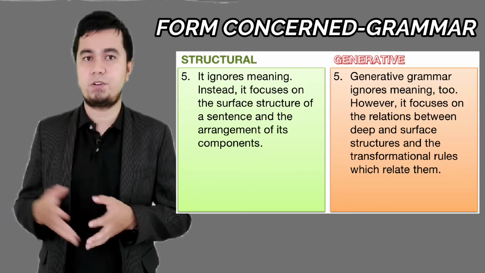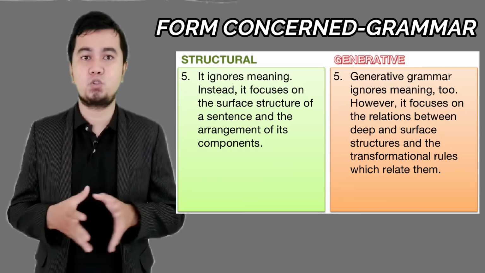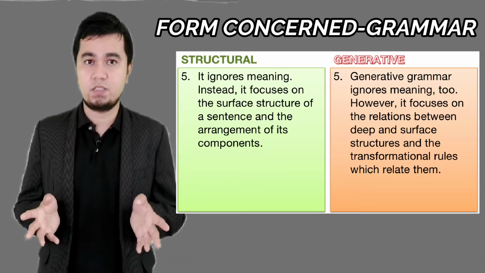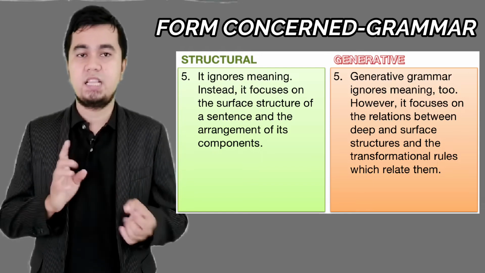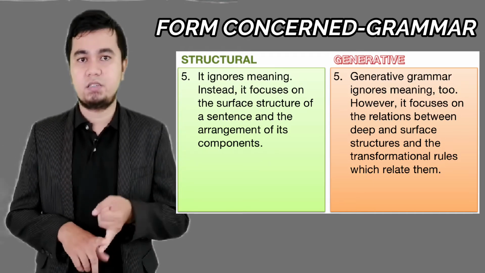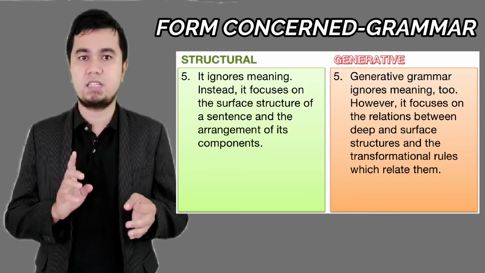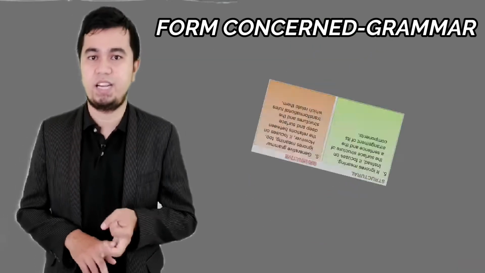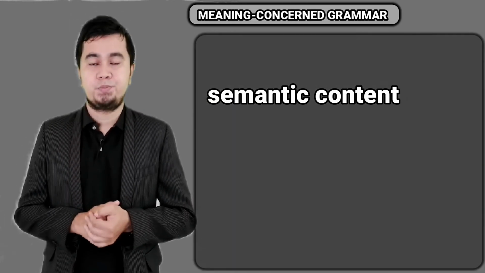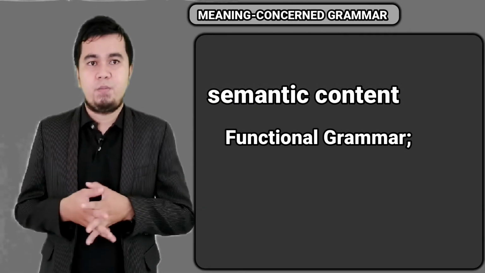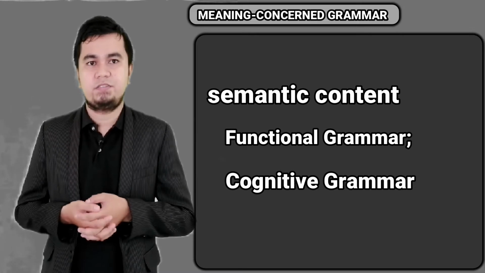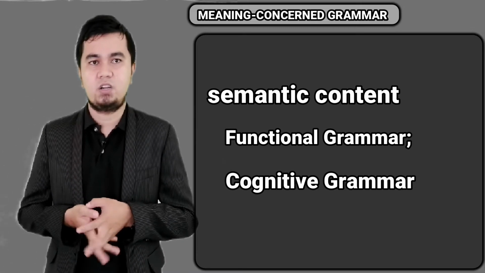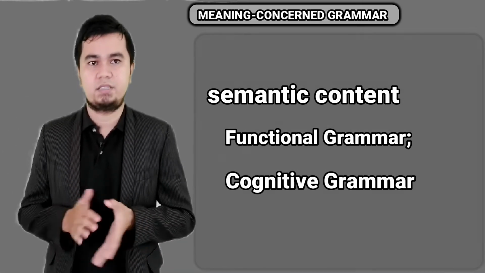While the generative grammar ignores meaning too, it focuses on the relationship between deep structure and surface structure, and the transformational rules which relate them. Now, for meaning-concerned grammar, we are going to talk about the functional and the cognitive grammar.